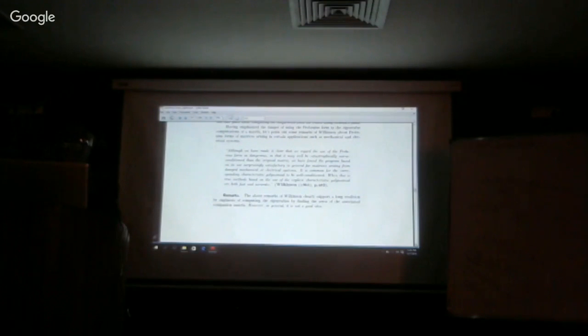Although we have made it clear that the use of the Frobenius form, which is the generalization of the companion form, is dangerous in that it may well be catastrophically worse conditioned than the original matrix, we have found the program based on its use surprisingly satisfactory in general for matrices arising from damped mechanical or electrical systems.